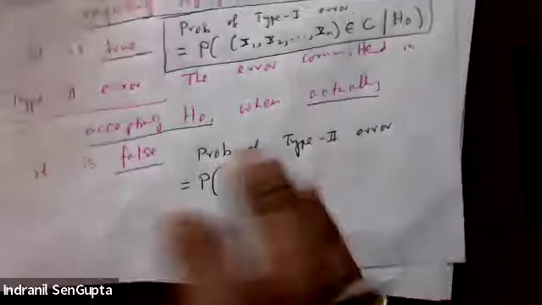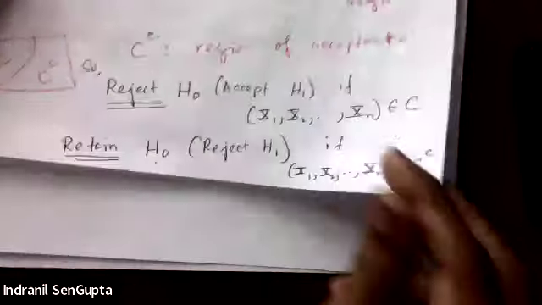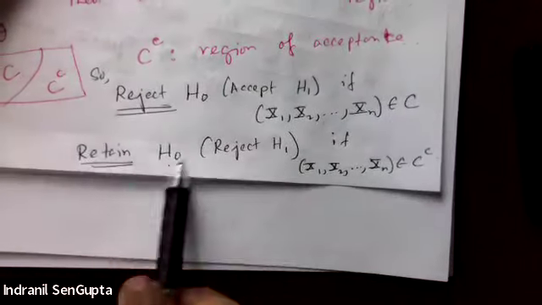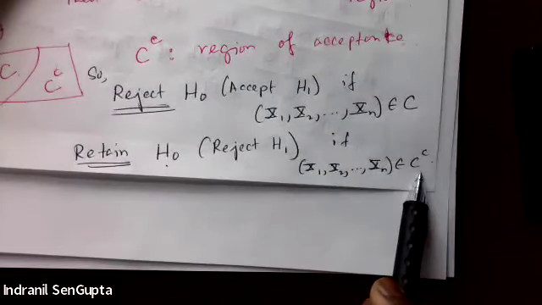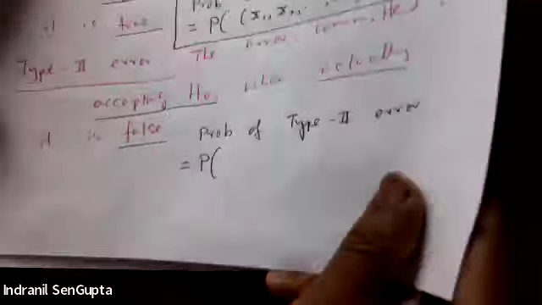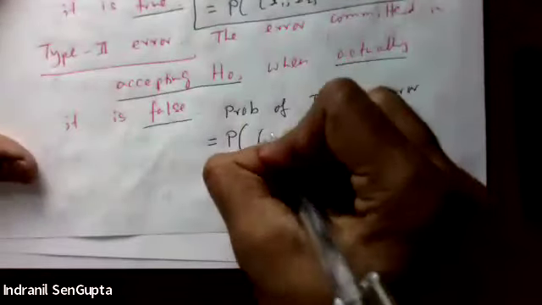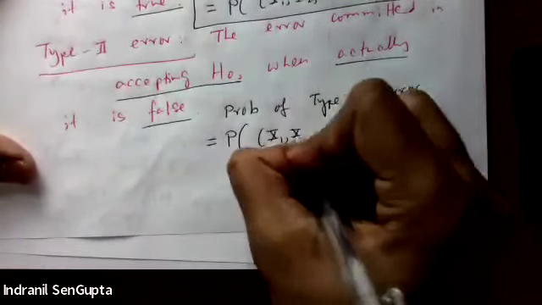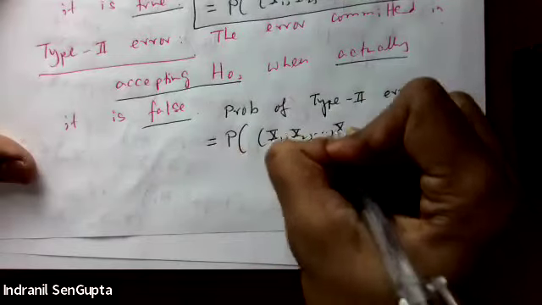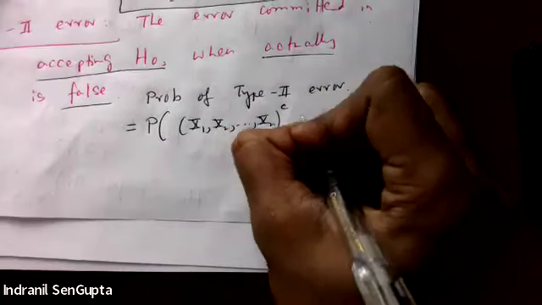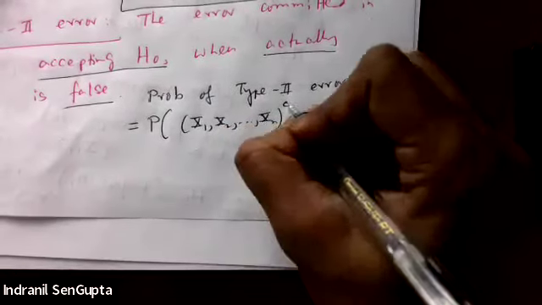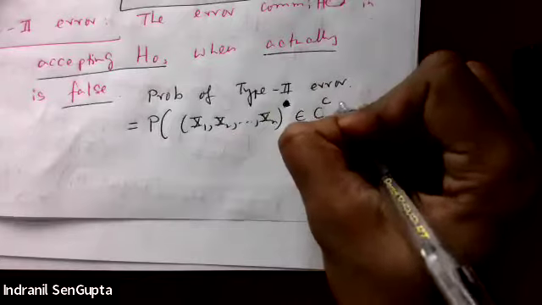So when can we accept H0? That means x1, x2, xn belongs to C complement, right? So that means we have x1, x2, xn in C complement.